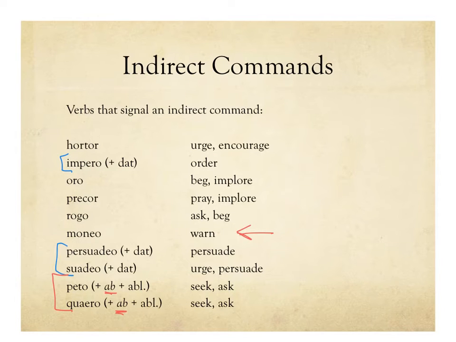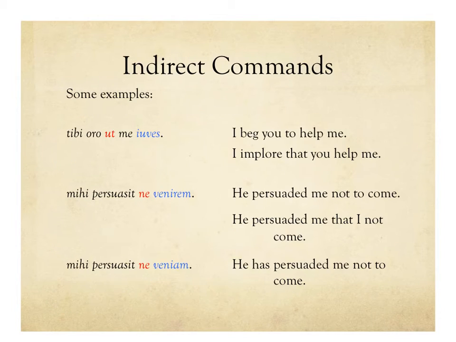Let's look at some examples. I think this will make it really clear. So you can see, here's our first example, tibi oro ut me iuves, right? I beg you to help me. I implore that, right? That's our ut, that you help me.